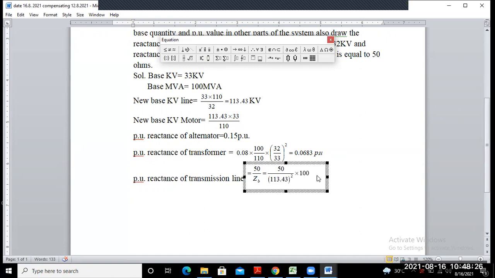To simplify this equation, you will get almost 0.3886 per unit.